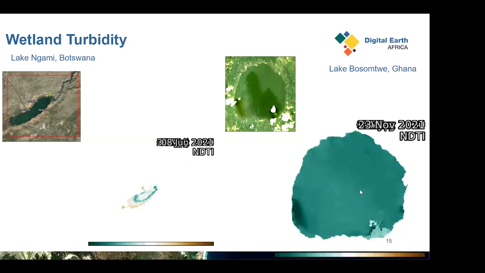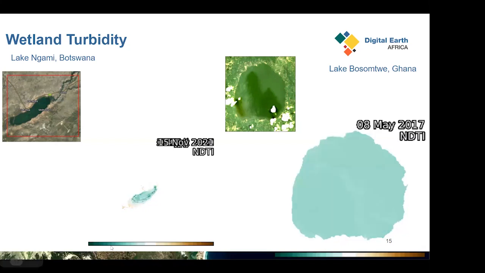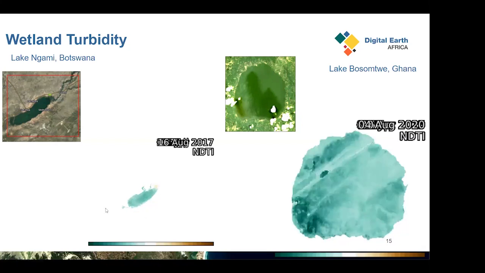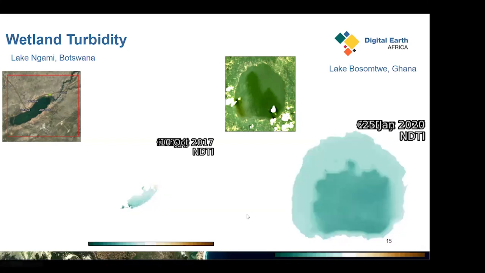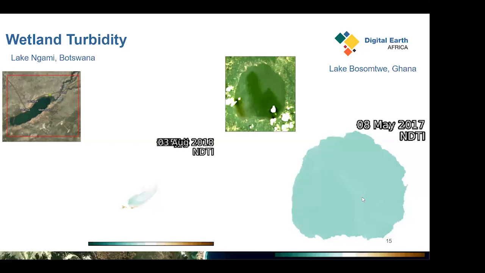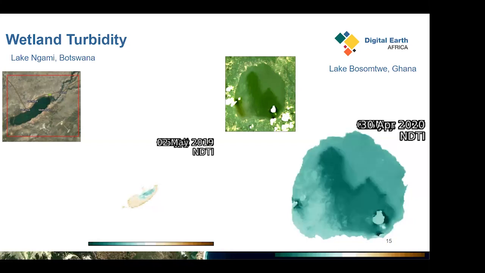If you compare the two lakes, visually you could say Lake Ngami was more turbid compared to Lake Bosomtwe in Ghana, which seems not even turbid.